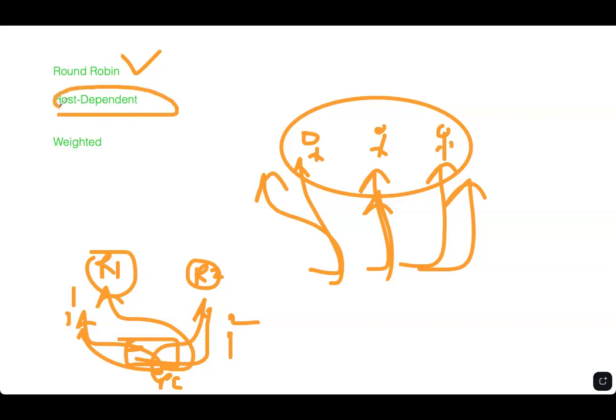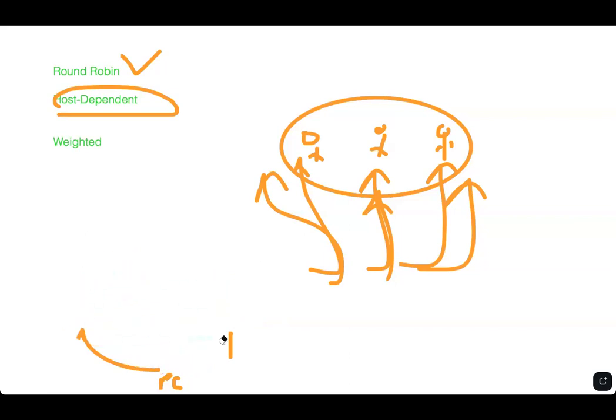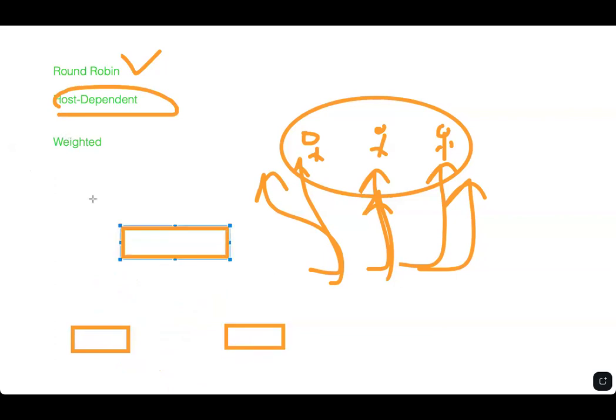Host dependent is separate. For example, you have PC1, PC2, a switch, and you have router 1 and router 2.